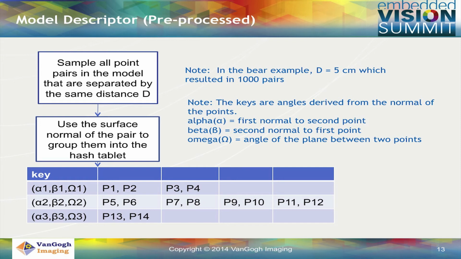The way we generate this hash table is, like in the bear example, we grab 2 points. We look at all the points in the bear example, and we look at all the pairs that are exactly 5 centimeters apart. So there's a bunch of points that are 5 centimeters apart in the 3D space within the object, right? So you've got that. Then you also grab the surface normals of those 2 points. Now you've got 2 normals plus these 2 points' x, y, z's.